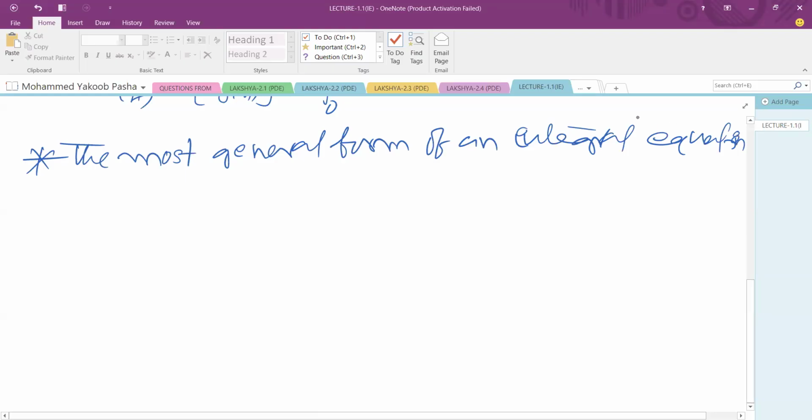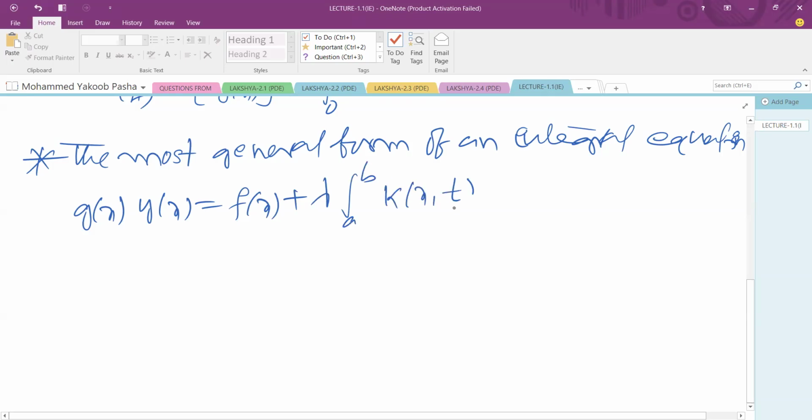It is of the form g of x into y of x is equal to f of x plus lambda into the integral from a to b of k of x comma t into y of t dt.